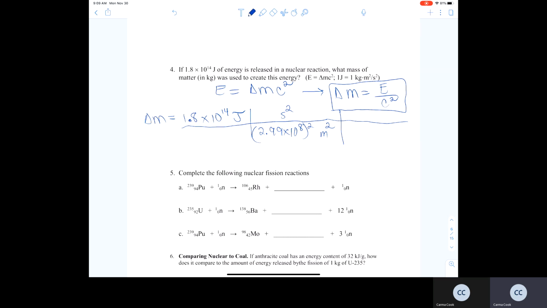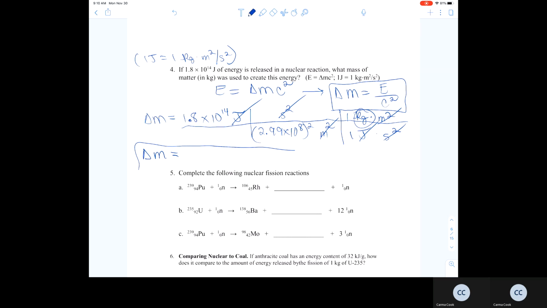So we have joules per meters squared per second squared. And so we need to use our conversion factor that we talked about earlier so that we can convert out the units. So now we have our meter squared, our second squared, and our joules canceling. And we're left with the unit that we want, a mass unit of kilograms. So I'll let you do that final calculation.